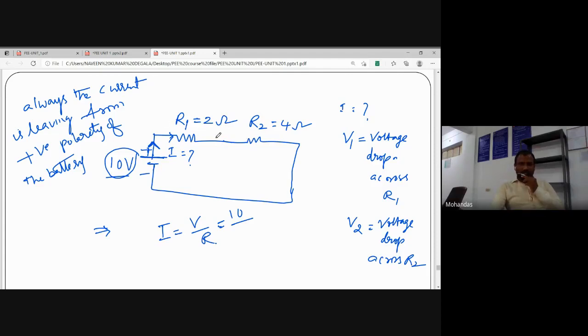Two resistors. Are these two resistors connected in series or parallel? We will discuss series and parallel later, but from the basics, we can easily say by seeing R1 and R2.